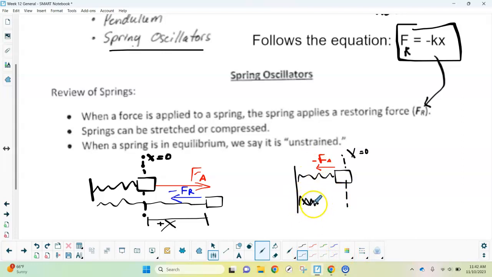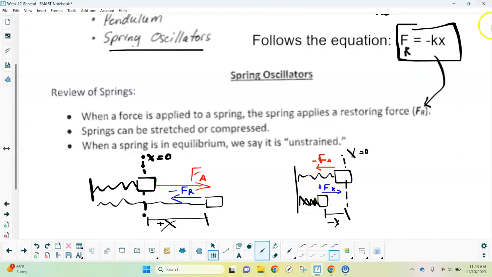So there'd be lots of coils in this section, and however far I compressed it, that would be measured as negative x. Whatever distance that was, that's how far I've pushed it in. And because of that, the spring is going to try to push in the opposite direction. So the restoring force in this case would be positive.